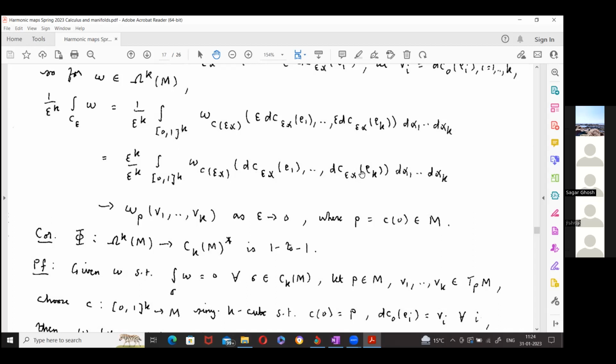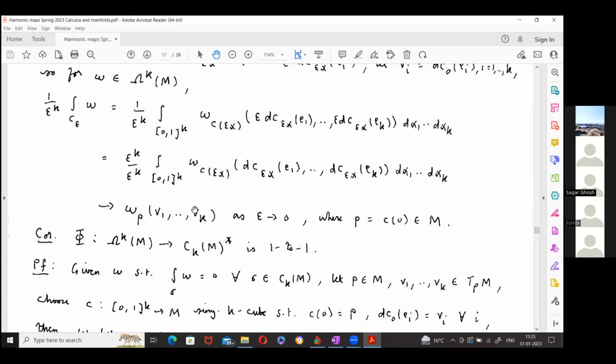And omega at C of epsilon x applied to these vectors will converge to omega at P applied to V1 up to Vk. So this function of x converges to the constant omega P V1 to Vk. So when you integrate over [0,1] to the k, you just get omega P V1 to Vk.